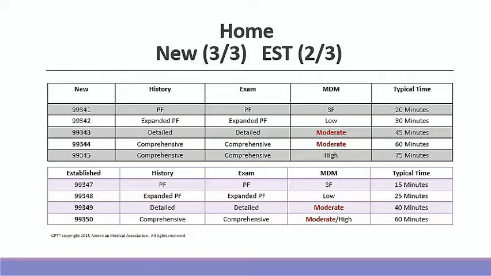In the home setting, we would also be able to select either 99343 or 99344 for a new patient with moderate medical decision making. For an established patient, we also have 2 options, the 99349 or 99350.